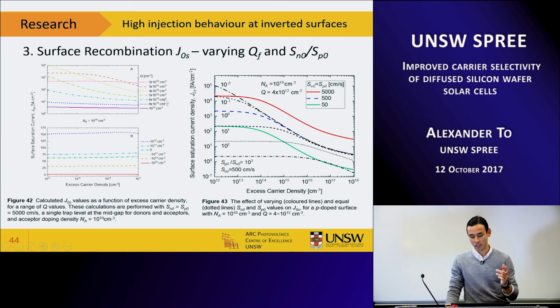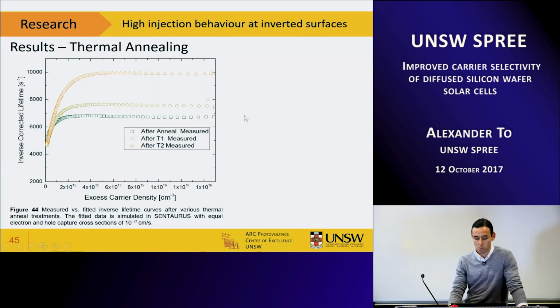So you can actually separate the effective charge and your capture cross-section, so your surface recombination velocity parameters, and show that these two things can have different shapes on the overall curve. And so we tried to show that in actual samples.